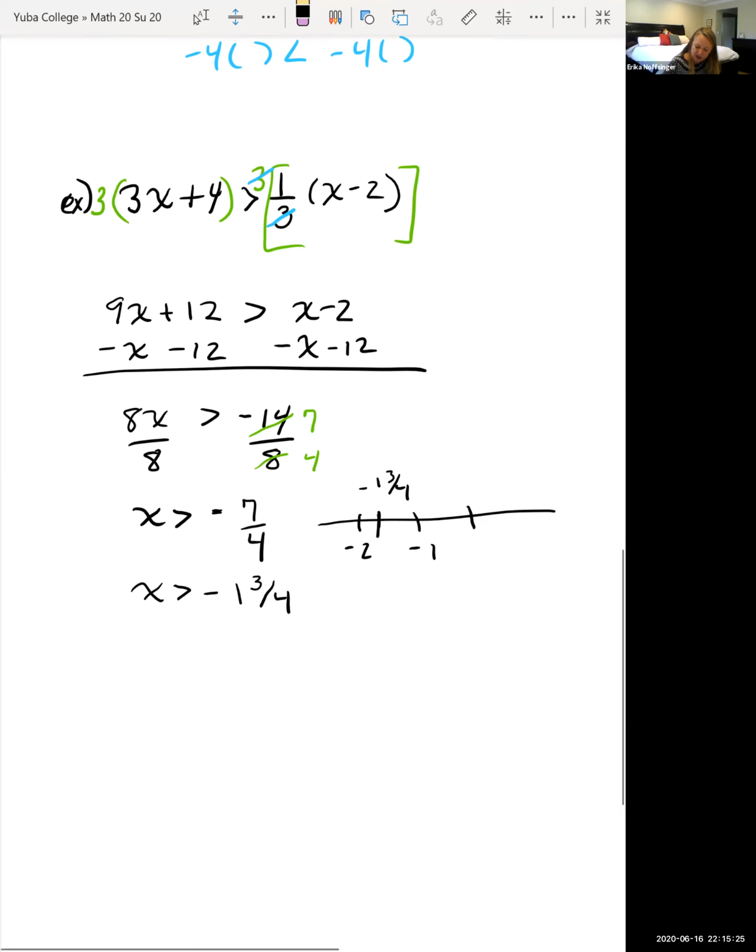Everything to the right would be bigger than that. And so in interval notation, we're starting at, but not really including, negative 1 3/4. We have a parenthesis because we're not including it, and we're going all the way to infinity.